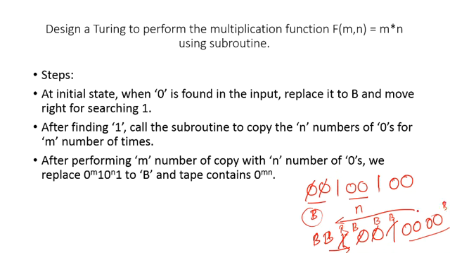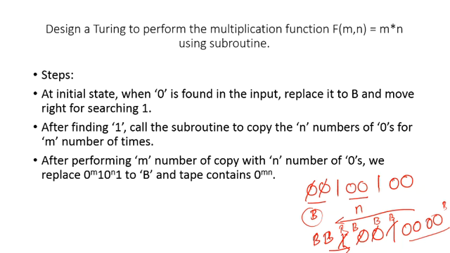This is how multiplication is performed using a subroutine. The simple idea is that for each 0 in m, the n zeros are repeated to perform the multiplication.